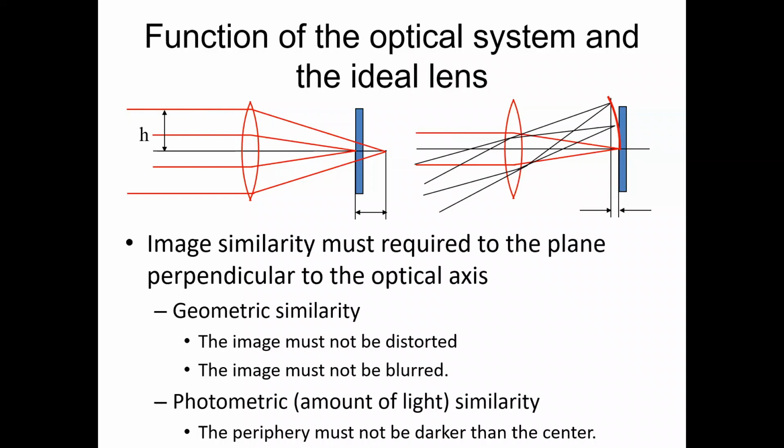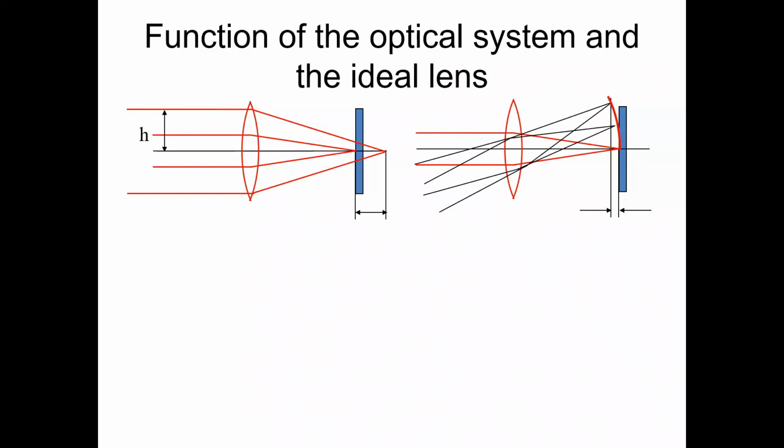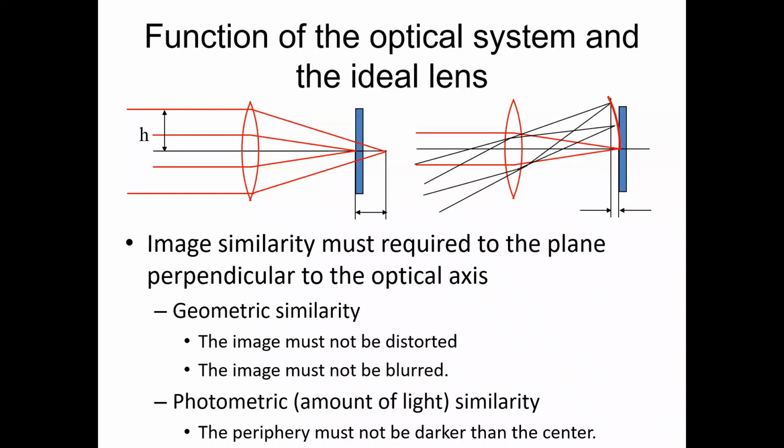And then there is also the right figure, with a different direction. With an ideal lens, even if the direction is different, we still want those rays to meet at the same position on the same plane. But as you can see easily, the direction is different, so the focal point, the concentrated position, is not on the plane but on a curved surface.